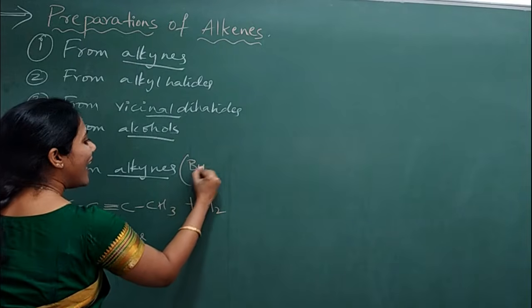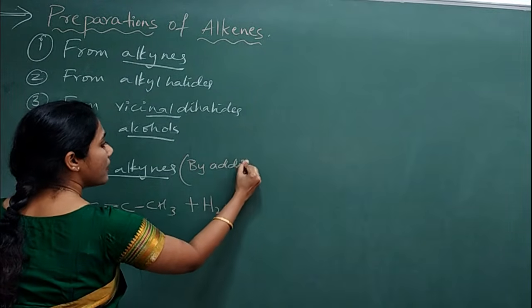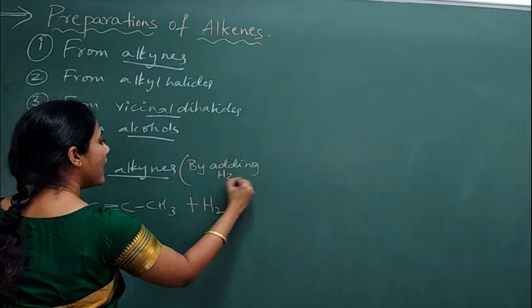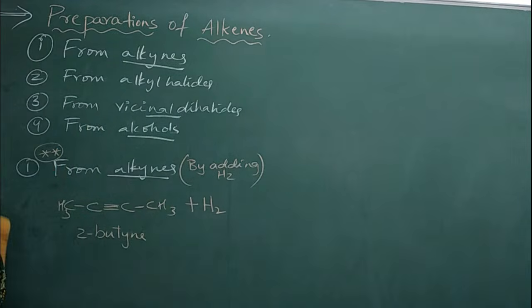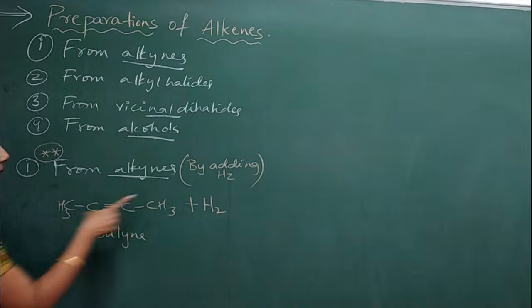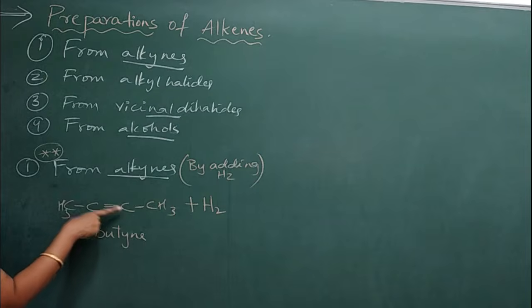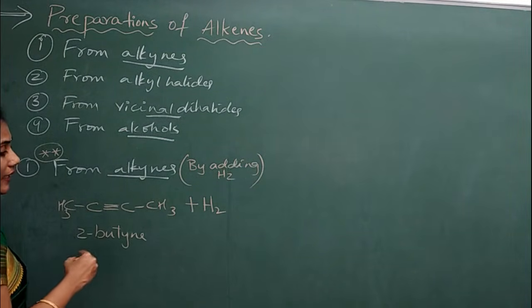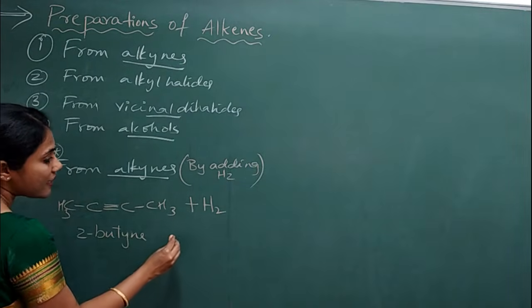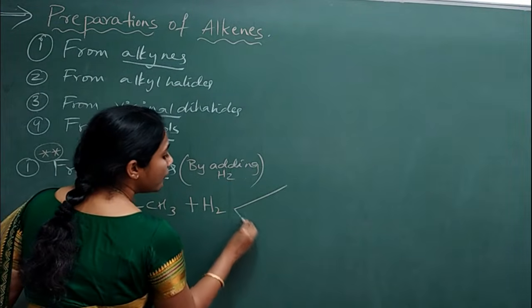Actually by adding hydrogen. So addition reactions are going to take place here. One atom is added to one carbon, the other atom is added to the other carbon having the triple bond, isn't it? But this reaction can take place in two different ways.